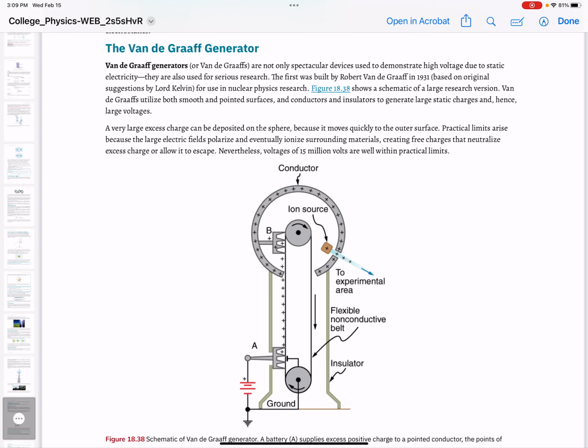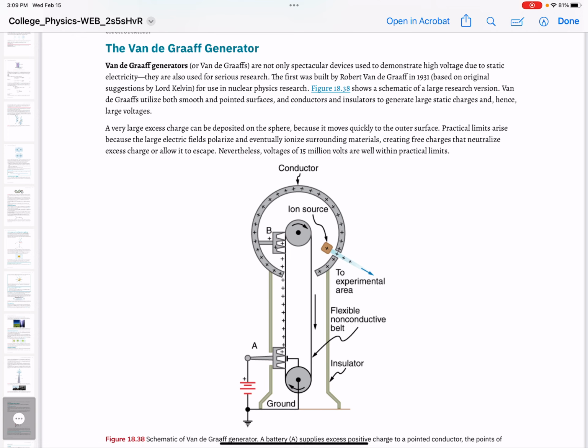If the Q on the conductor is positive, it's going to shoot that poor little ion out really, really fast. See where it says to experimental area? The forces on them are enormous, and it really accelerates these little guys up to a certain velocity, and then they smash into something.